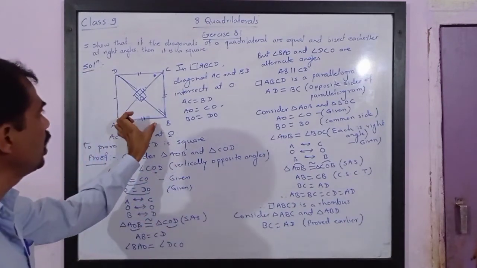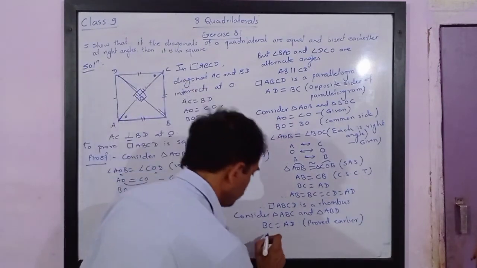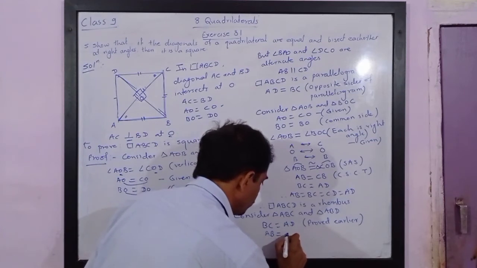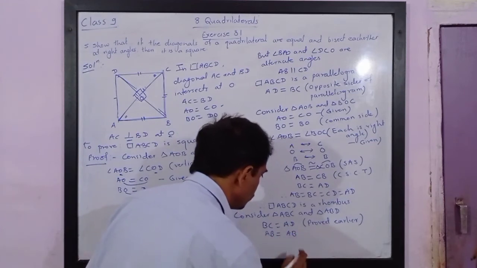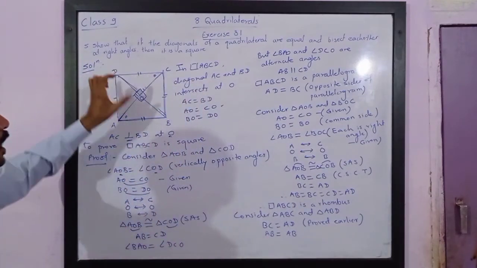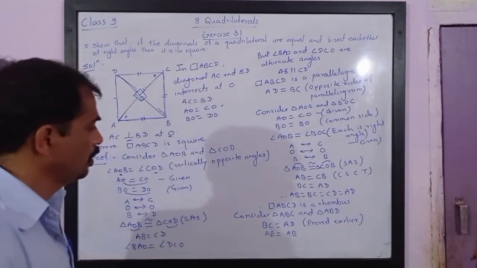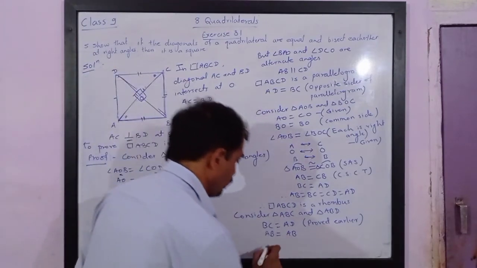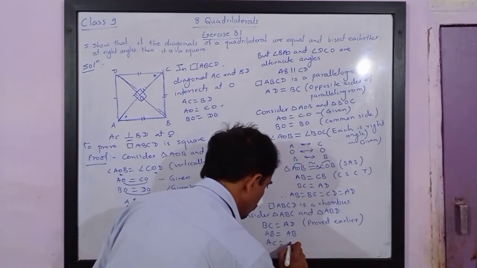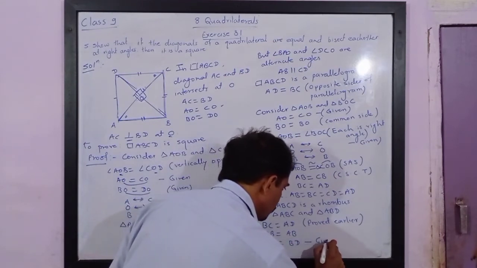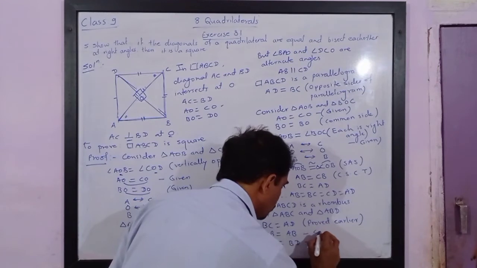Then AB equals AB. And AC equals BD. This is given to us. This is the common side.